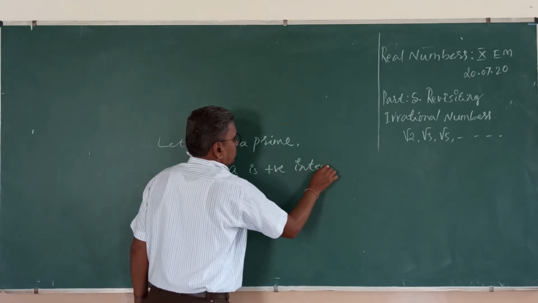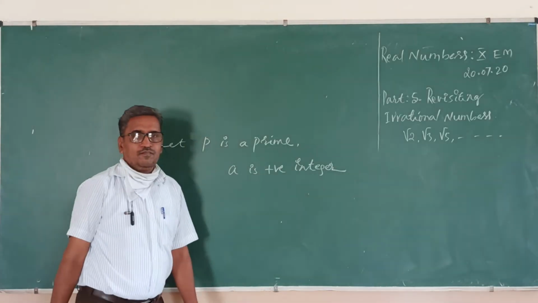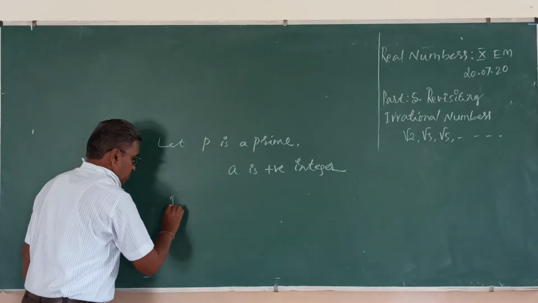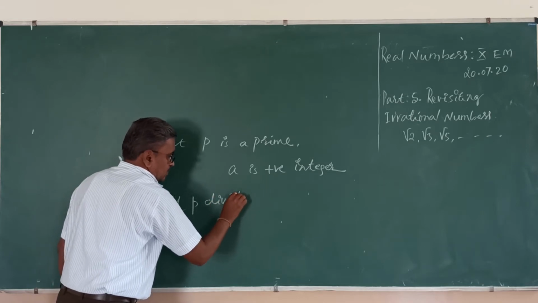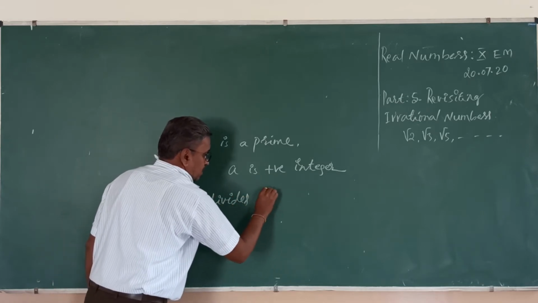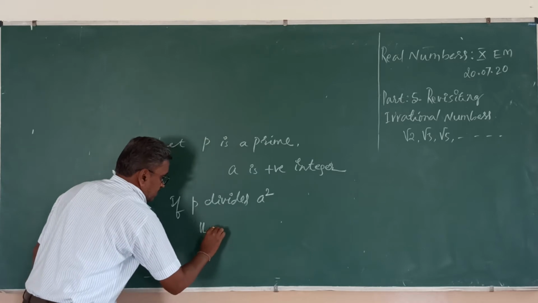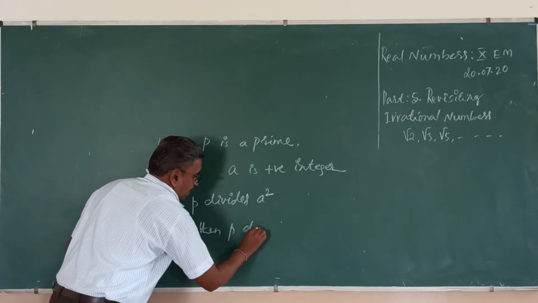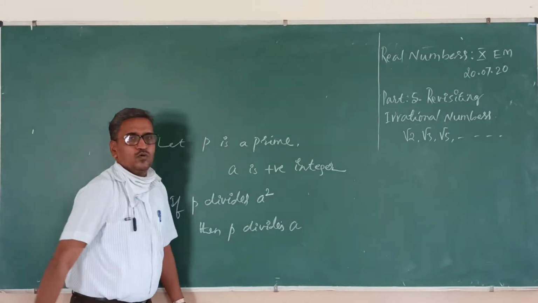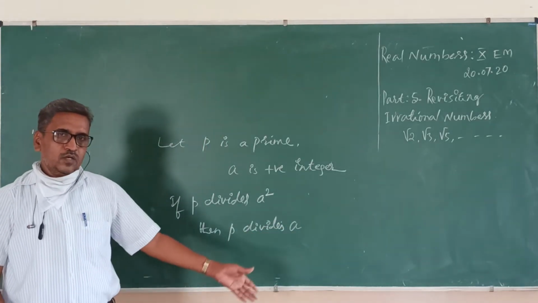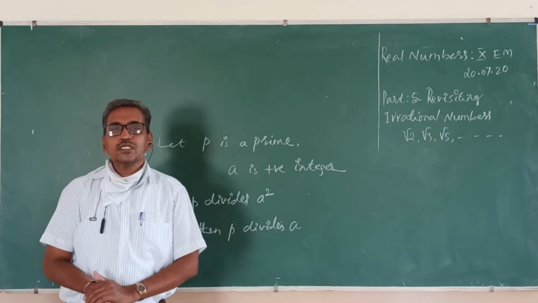If p divides a square, then p divides a also. This is a very important theorem related to proving root 2 is irrational.